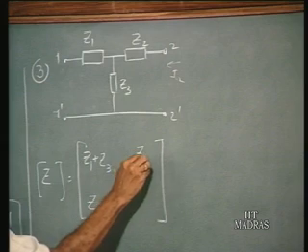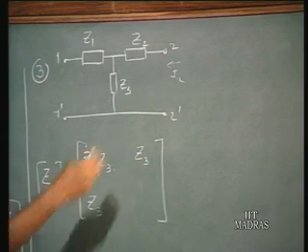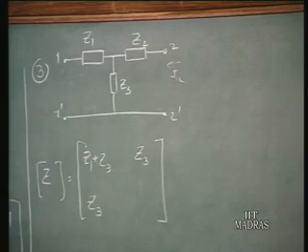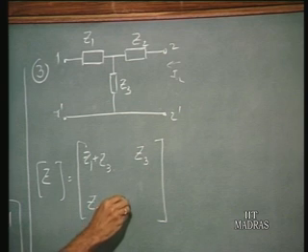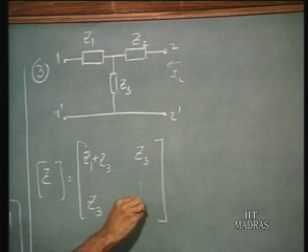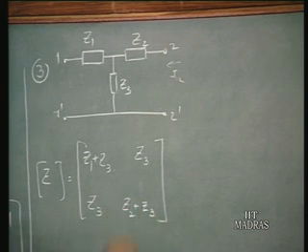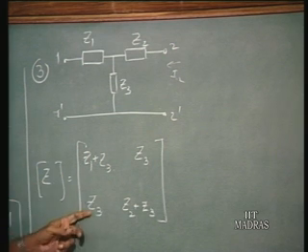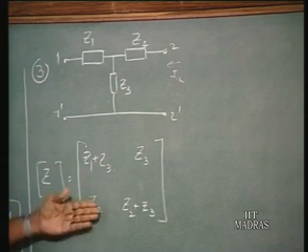Therefore, this is Z3. And looking in impedance here when port 1 is open is the sum of these two, which is Z2 plus Z3. So you observe that in the case of a T-connected configuration of a two-port network, the values of the Z parameters can be computed with surprising ease. Very simple.